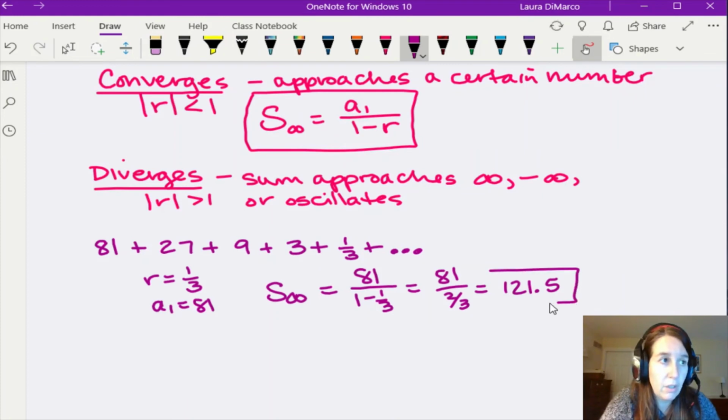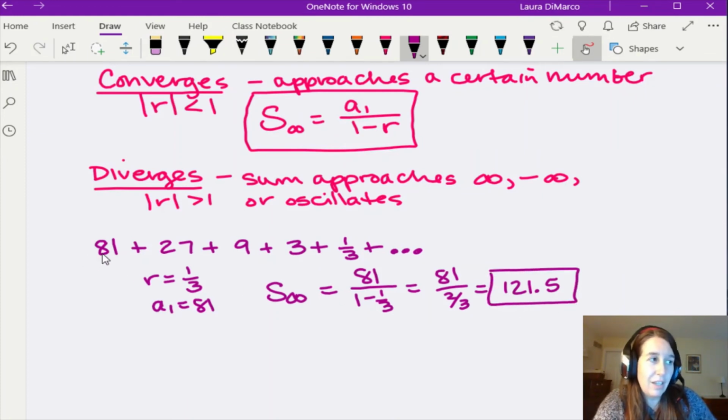Okay? So, like I said, notice if you add 81 and 27, right, you get 108, plus another 9, that's 117, 120, 120 and a third, and you keep adding. See how you're getting really close to, and this is the number you'll be approaching, 121.5.